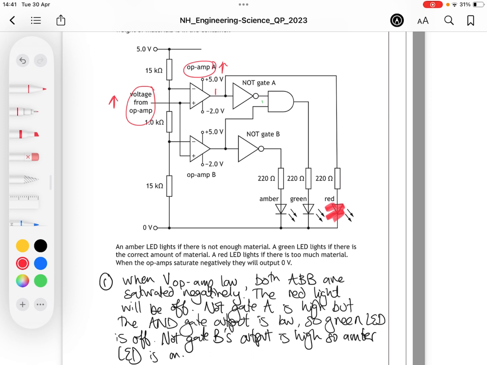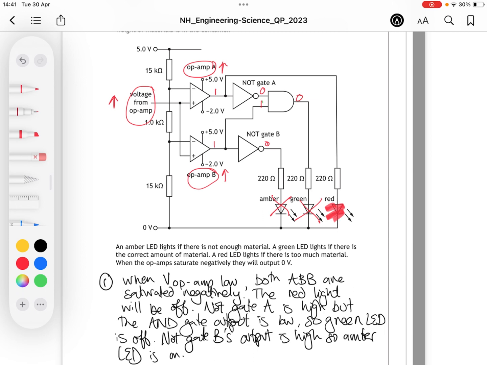It's not possible for us to make op-amp A saturate positively without op-amp B also saturating positively. And so by following the logic gates, that means that the green light will turn off, and if op-amp B is high, that means that will be high too, and here will be low, and the amber light will turn off. So if you're stuck with this, even though it's only 3 marks, make sure you check through those things.